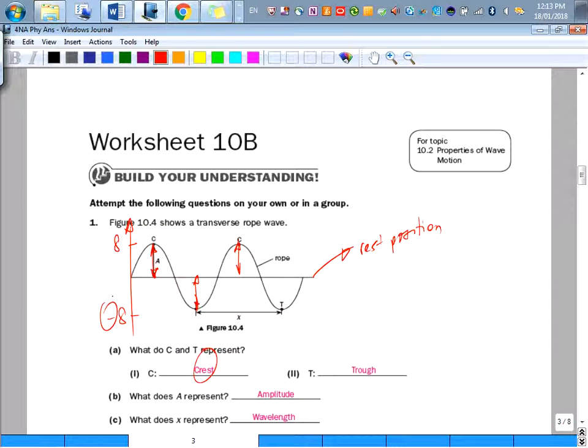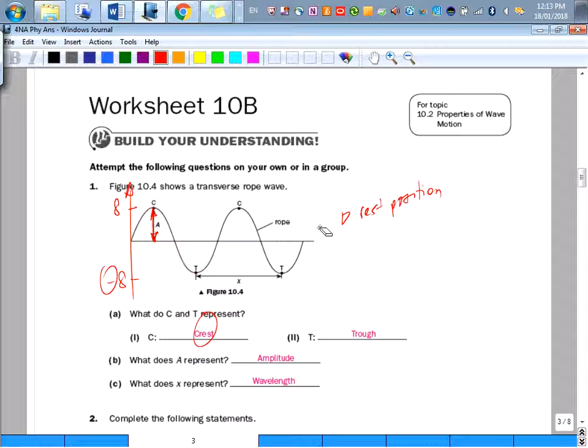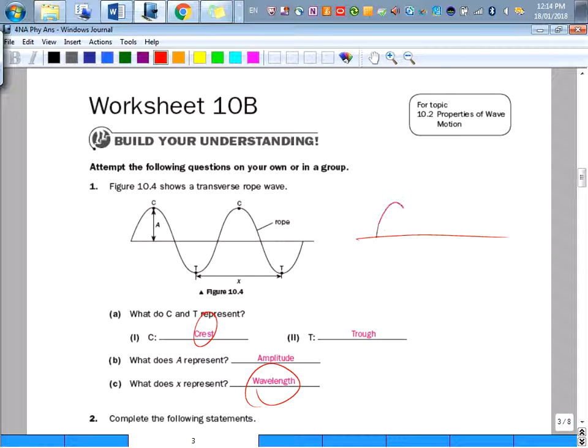Okay, then what does X represent? The answer is already given on the screen. It is the wavelength. So how do we know whether it is a wavelength or a period? Because period also seems to be on the horizontal axis. Remember yesterday I drew on the board and said that this over here is the period.